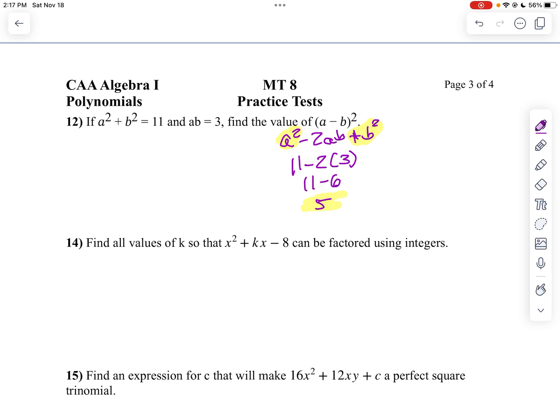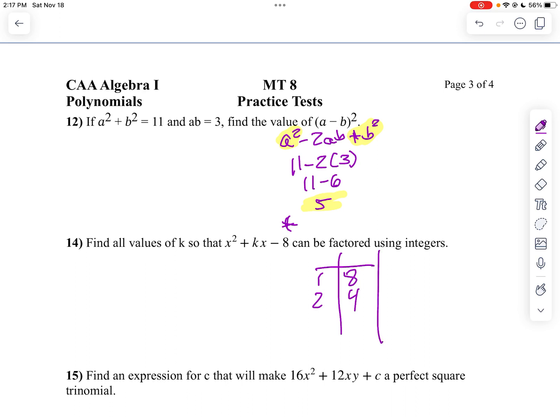Now on question number 14, x squared plus kx minus 8. I want to know what the value of k is so it can be factored. In other words, I'm looking for all the ways we can multiply to negative 8. Remember, that would be 1 and 8, where one is positive and the other is negative, so plus or minus. And then 2 and 4.